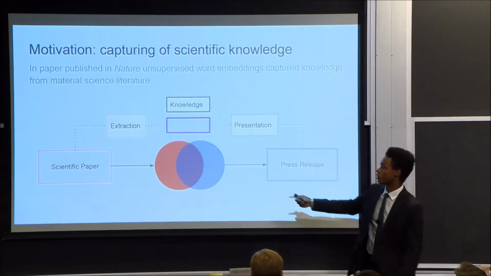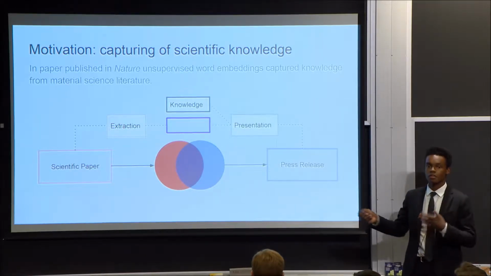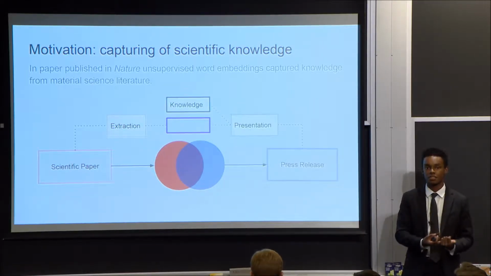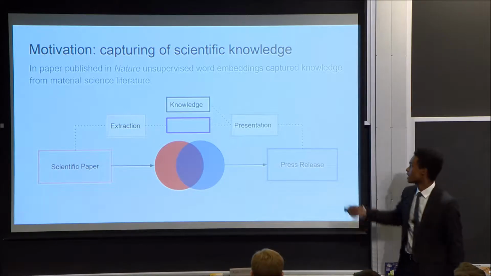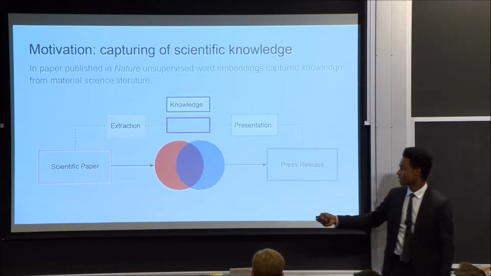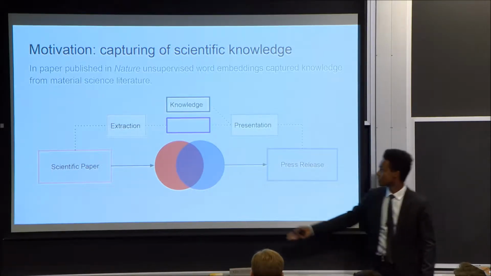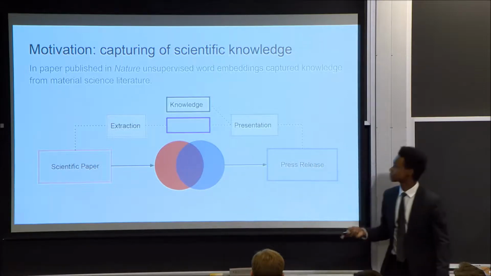Not only will our model try to extract relevant information, but ideally our model will embed a certain amount of knowledge about scientific concepts and the way things work in order to integrate that knowledge into generating our press release. You can see here that there's an overlap between the information in a press release and in the scientific paper that's colored purple.